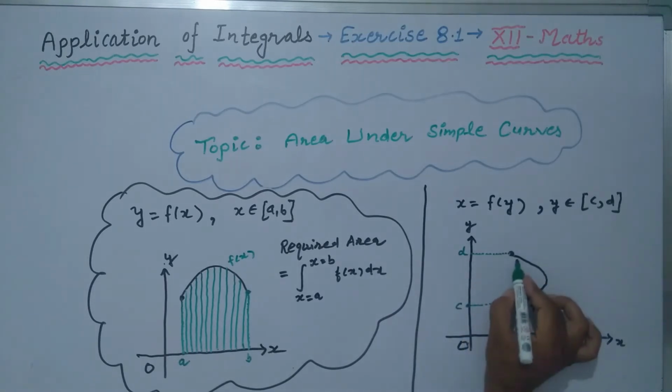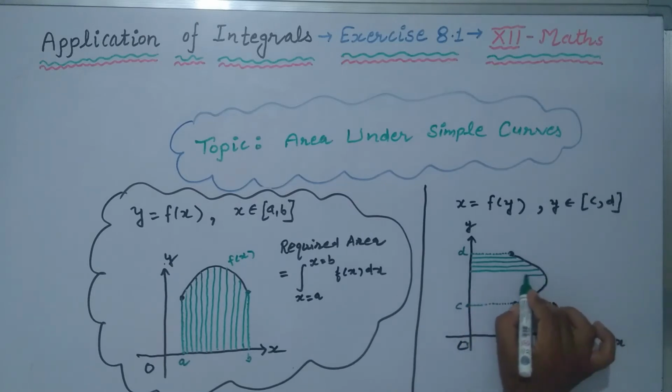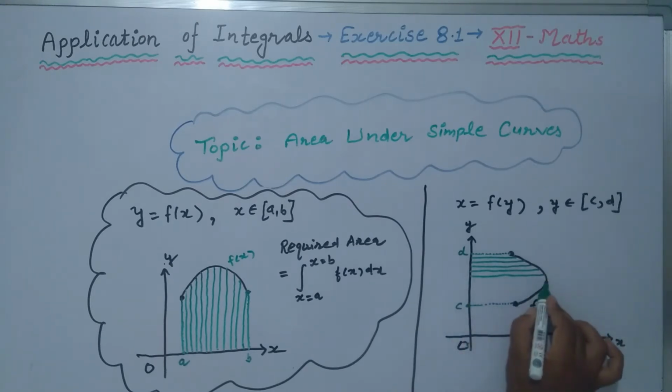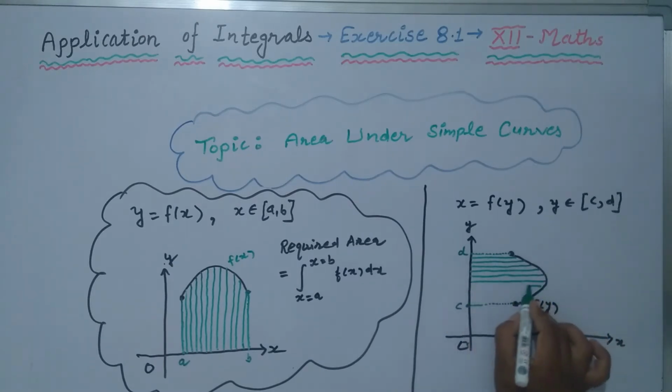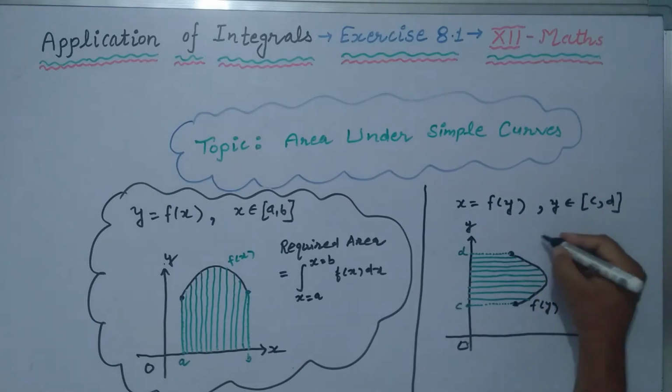Now shading the area under the curve up to the y-axis this way, this shaded portion is the area which is enclosed under the given curve f of y up to the y-axis. So the question is how to find the required area algebraically.